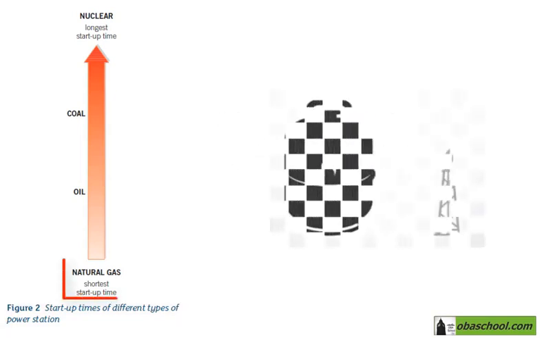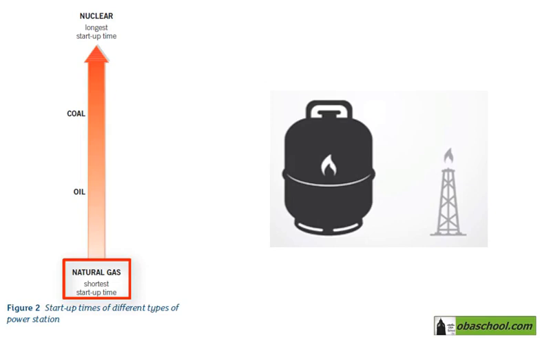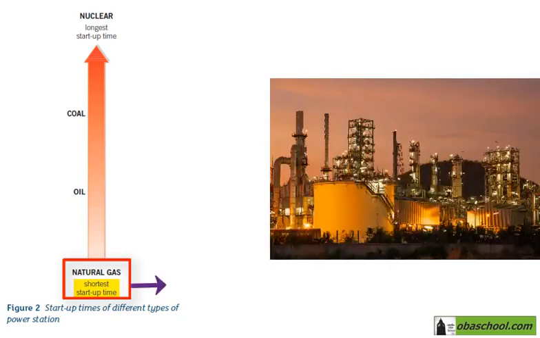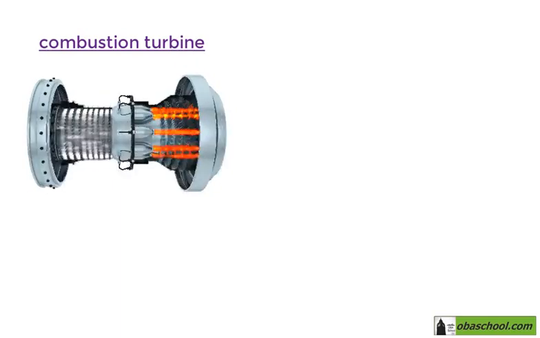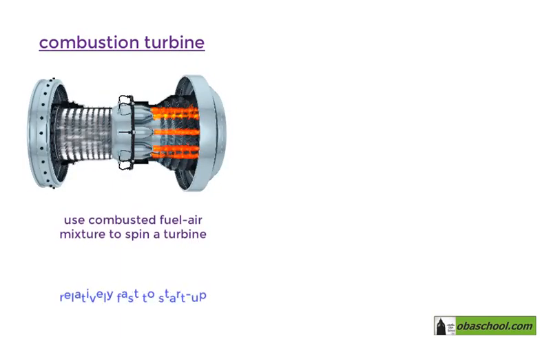For example, the power station that depends on natural gas has the shortest startup time, and this is because the natural gas combined cycle systems involve both a steam turbine and a combustion turbine. What are these turbines? The combustion turbines use a combusted fuel-air mixture to spin a turbine, which is relatively fast to start up.